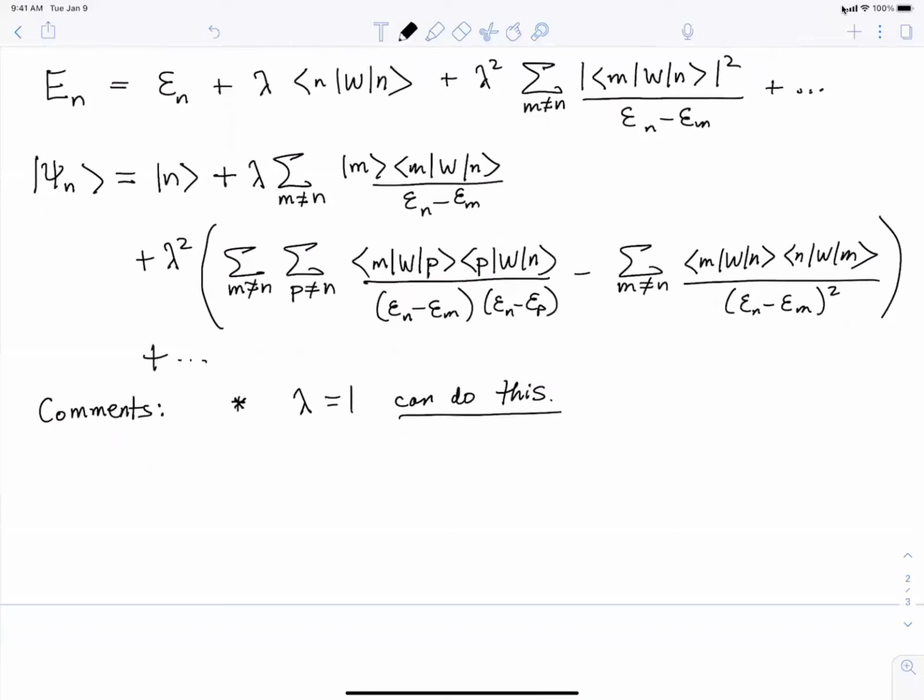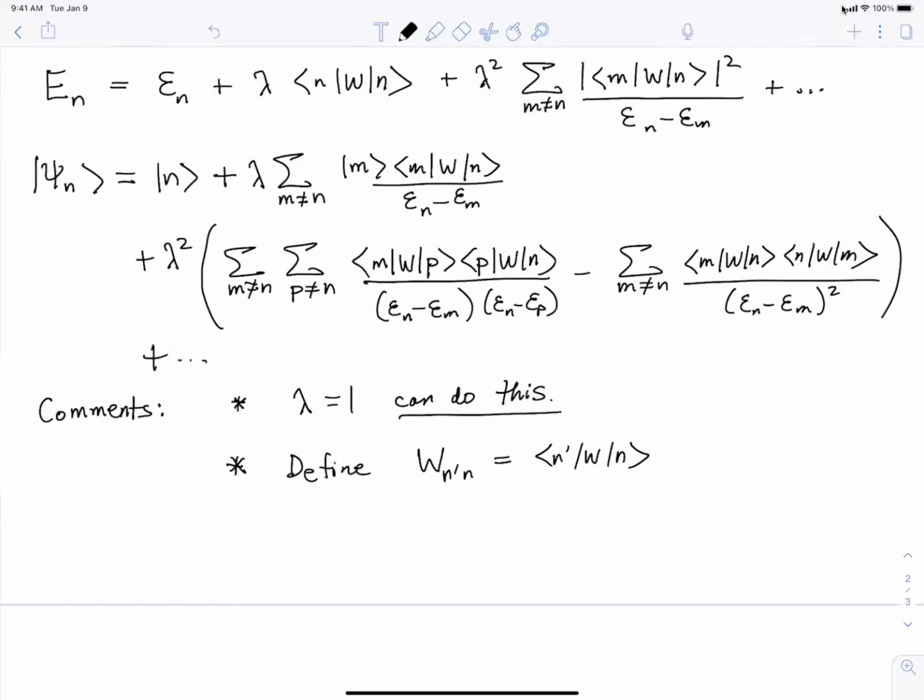And another thing you can do to make this look nicer is you can just define as notation W_n'n is the matrix element <n'|W|n>. Okay, and so that will just make the formulas look a little bit nicer.